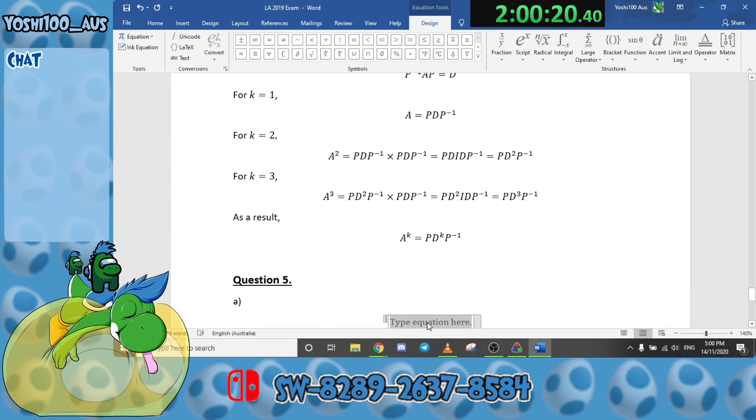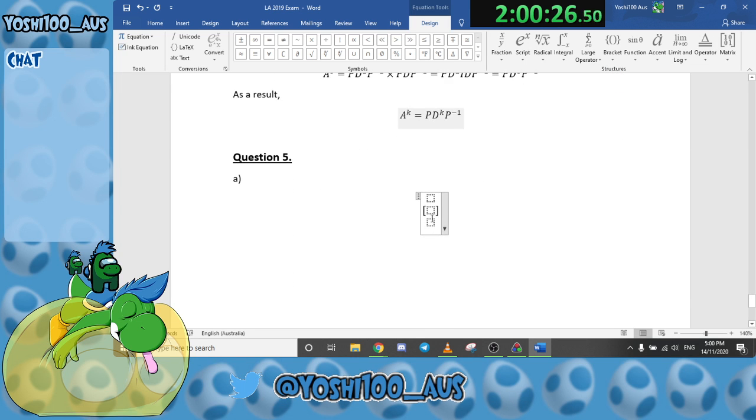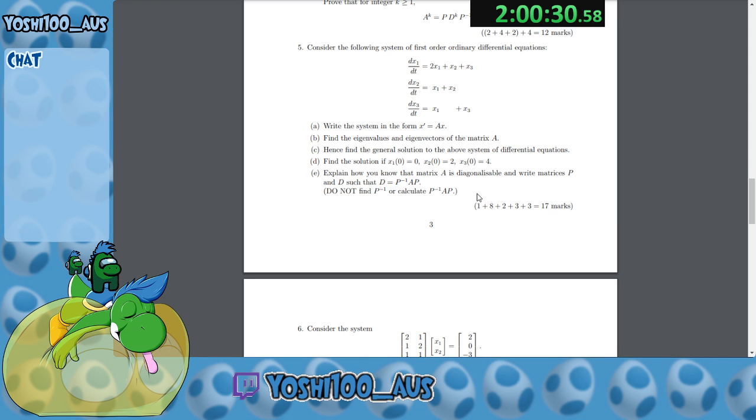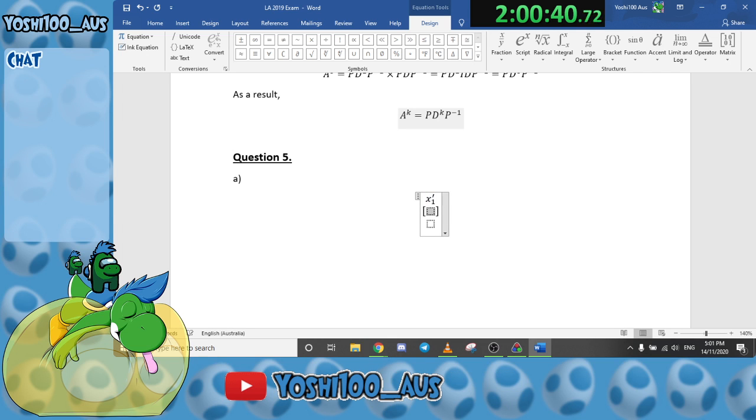Okay, so this is a matrix. Hold on, let me draw the brackets first. So this is X, X2 dash, X3 dash.